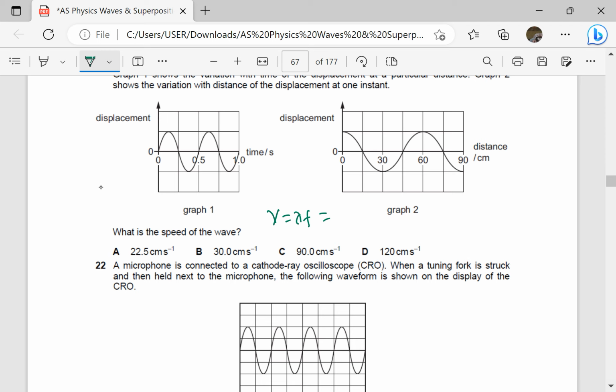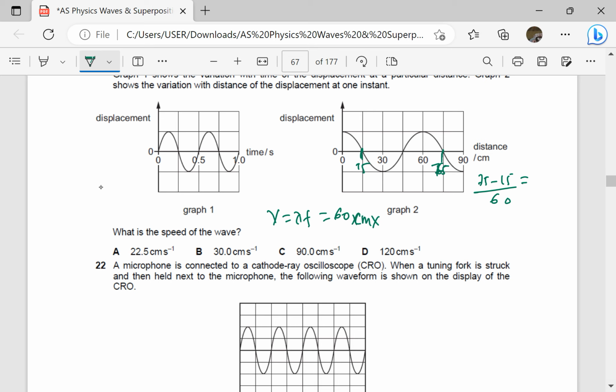The wavelength is going to be, this is 15, and this is 60, 75. So that is 75 minus 15, which is 60. So the wavelength is 60 centimeters.